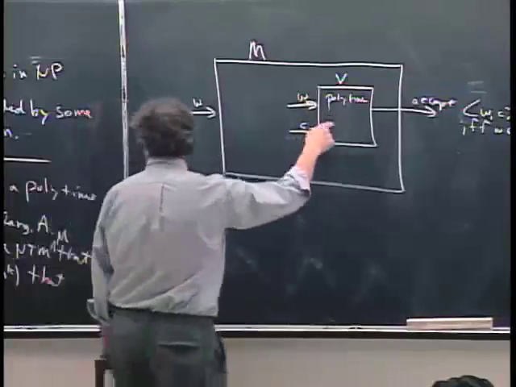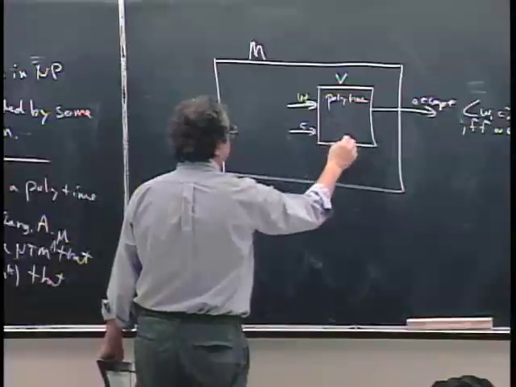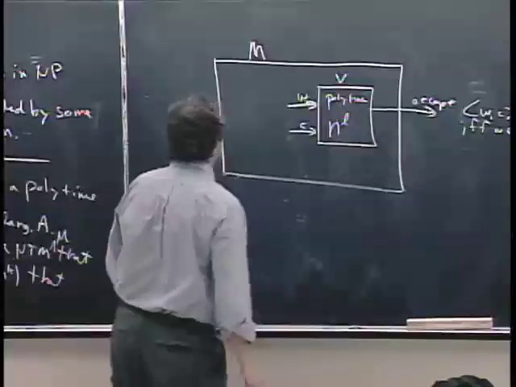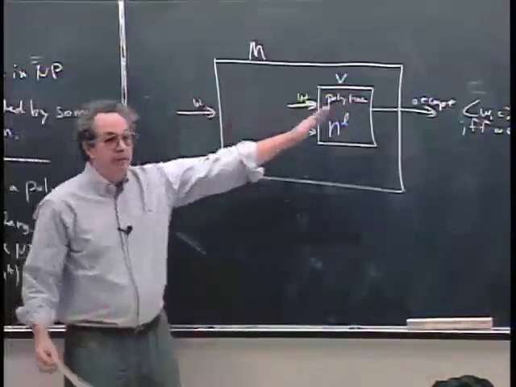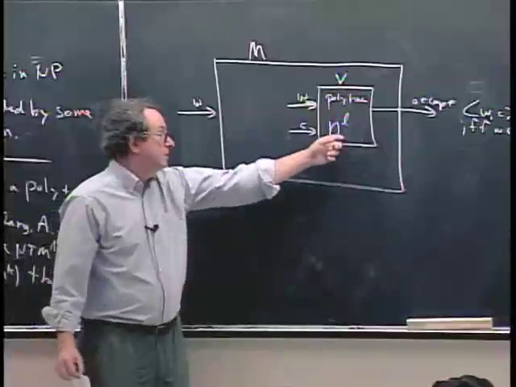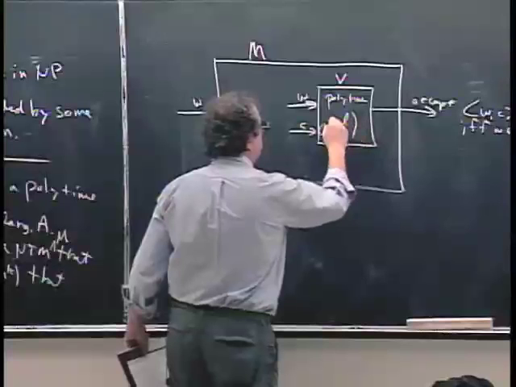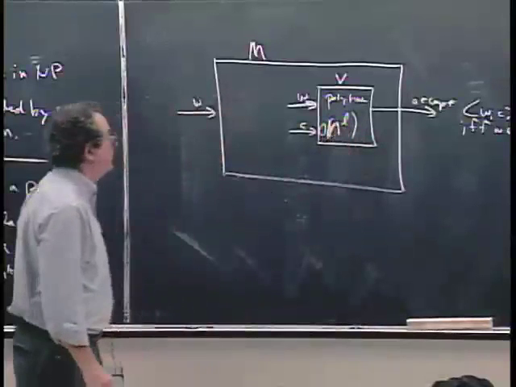Remember this polytime decider, what time does it run in? Let's say N to the L, because I already used K as the exponent for M. So it runs in some polynomial time bounded by N to the L. Okay?